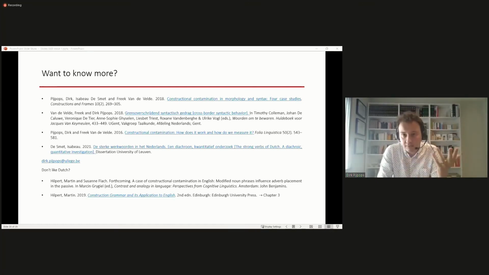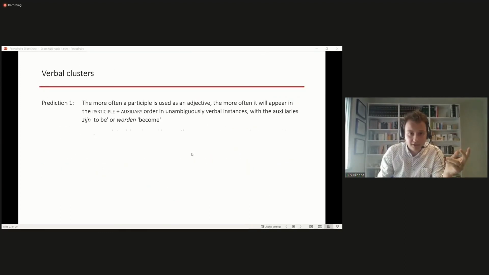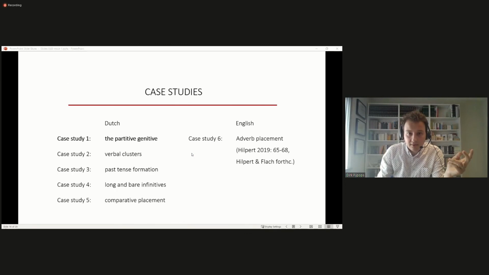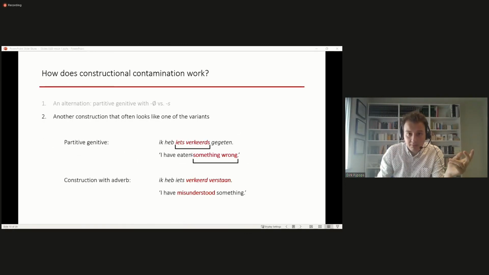For instance, for the partitive genitive, let's see if I'm still sharing my screen, right? There we have it. You have the superficial resemblance between these strings, but that resemblance is only present on the surface. Once you go to a more schematic level, the resemblance kind of disappears.